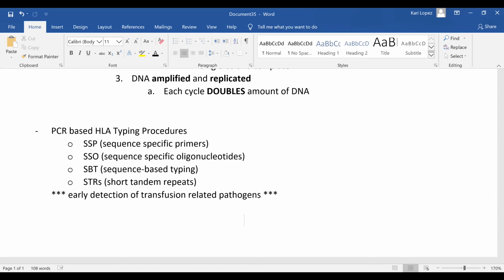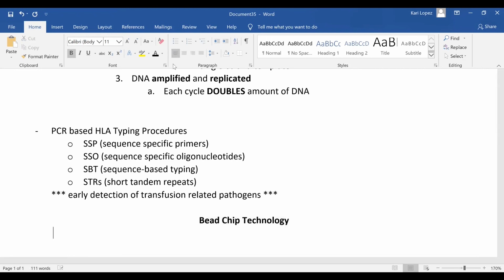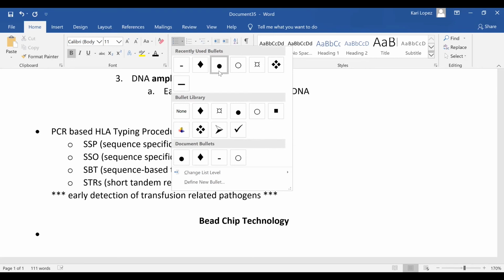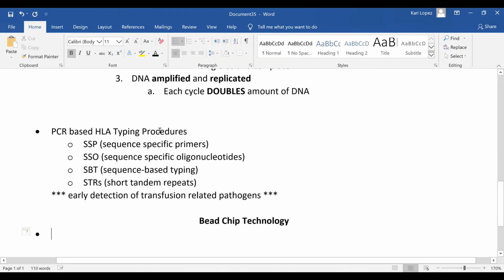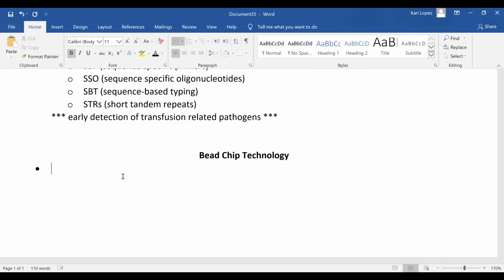Now the next one is bead chip technology. So in bead chip technology, you have oligonucleotide primers attached to the colored beads on a slide.